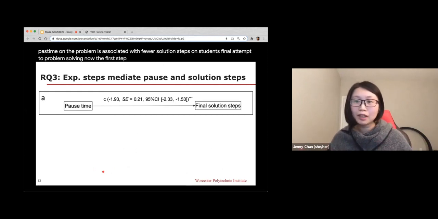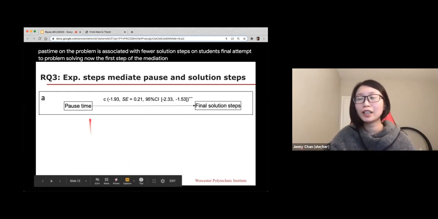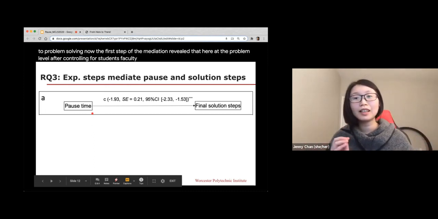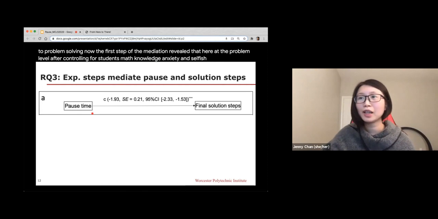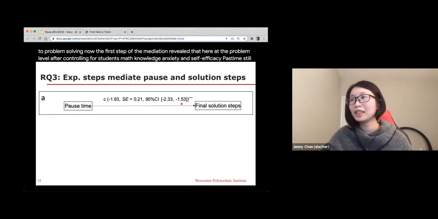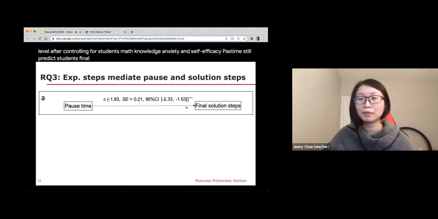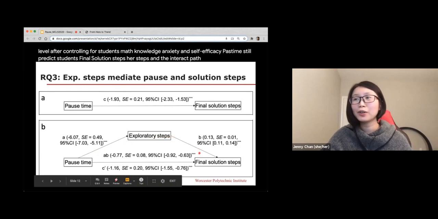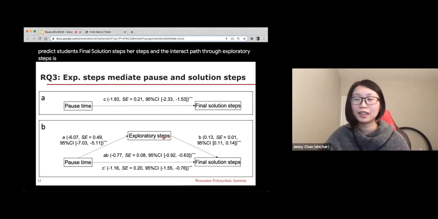Now, the first step of the mediation revealed that here at the problem level, after controlling for students' math knowledge, anxiety, and self-efficacy, pause time still predicts students' final solution steps. And the indirect path through exploratory steps is significant.